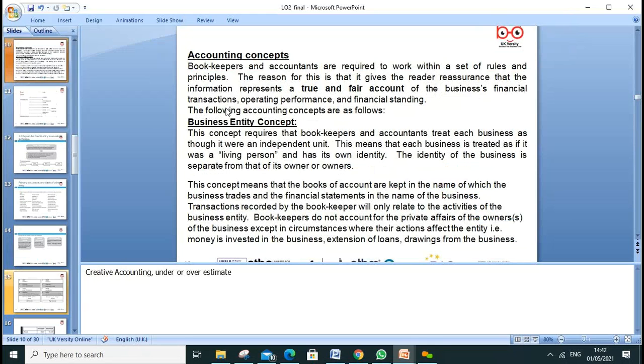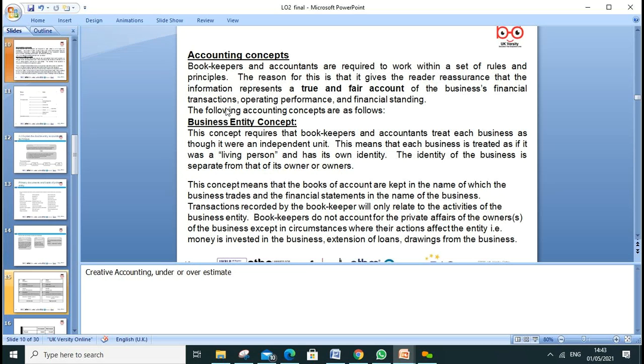Okay, the accounting concept is very important. First of all, we always need to make sure we record the business transaction so that it is reflected in the accounts true and fair. We should provide true information. Business entity concept: the bookkeeper and the accountant treat each business as though it were an independent unit.